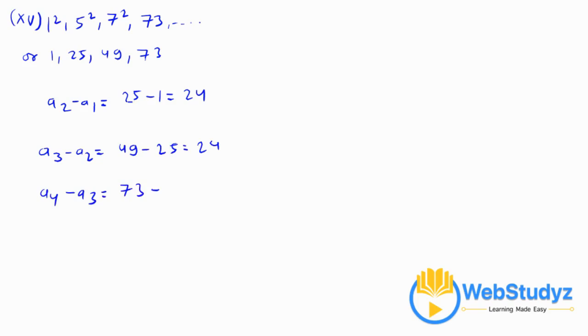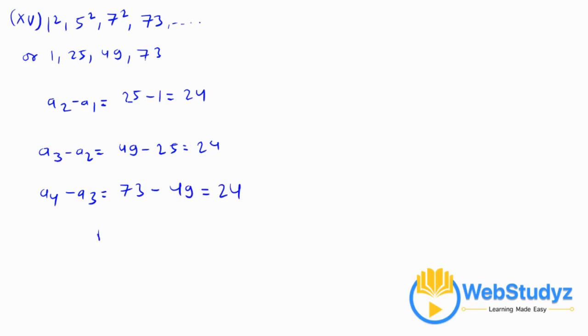We have to find out the common difference, which is A2 minus A1, equal to 25 minus 1, which is 24. Again, A3 minus A2 will be 49 minus 25, which is again 24, and A4 minus A3 is equal to 73 minus 49, which will again equal 24.